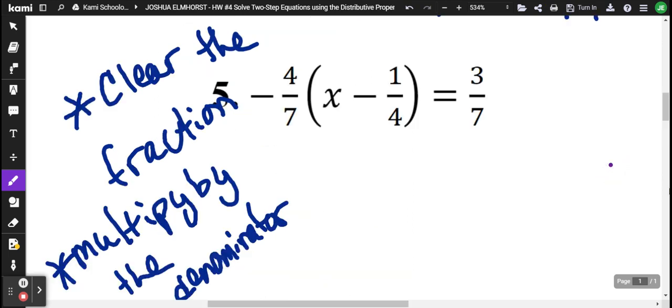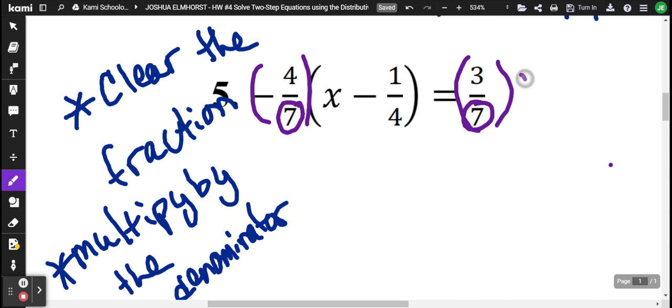So when we have a fraction within the equation, we can clear that fraction by multiplying by the denominator. Here we have sevenths, and we end up having it on both sides. So we can clear that fraction by multiplying by 7.